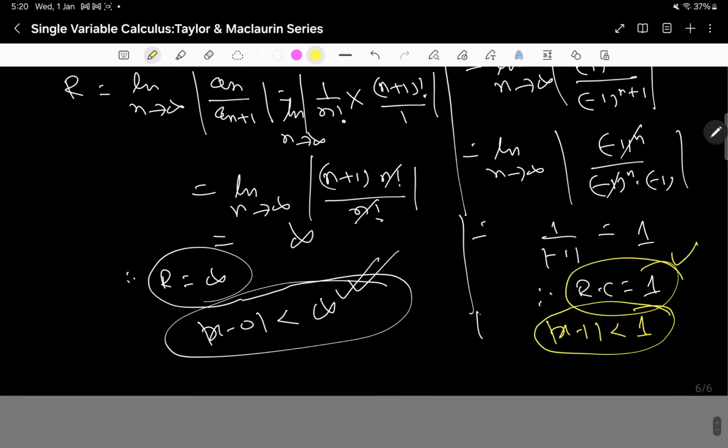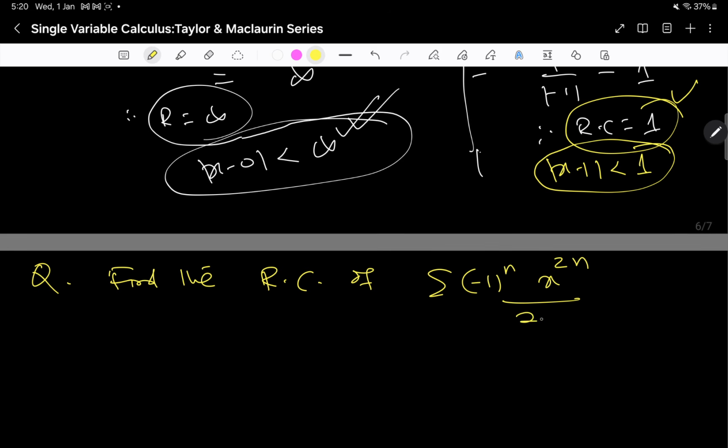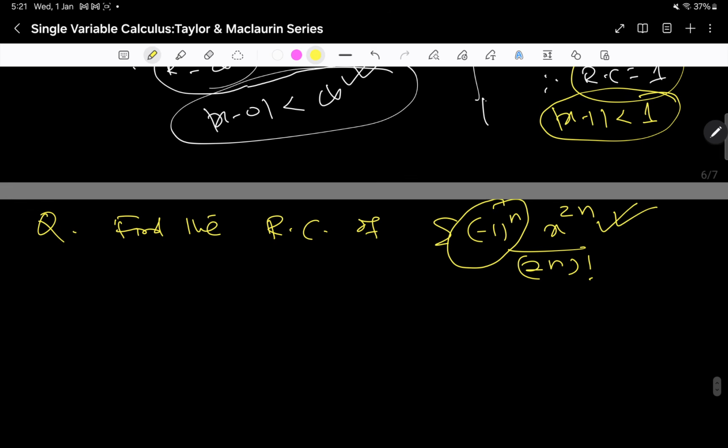In some complicated cases, suppose you are asked to find the radius of convergence of the summation of (minus 1) to the power n x to the power 2n by factorial 2n. You see here, this is an, but this power is here 2n, right? So we can see it here, (minus 1) to the power n, it is (x to the power n) whole square by 2n factorial here, right?